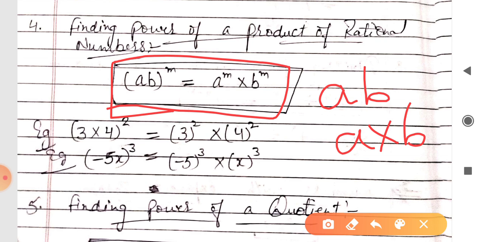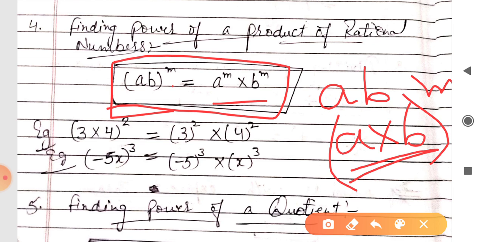If there is no sign between two numbers, then it is a multiplication sign. So the multiplication of any two numbers has the same power m, then it will be equal to a to the power m multiplied by b to the power m.